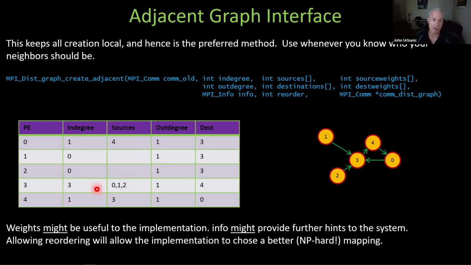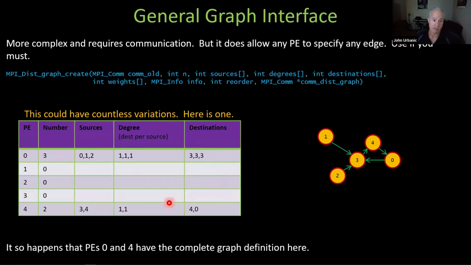Every PE says, I know who my neighbors are that I'm sending and receiving from. The general graph interface is where, as I said, only a subset of the PEs know the general arrangement. In this case here, for example, only PEs 0 and 4 have that knowledge, and they can still set everything up for everybody. So PEs 1, 2, and 3 don't know, they haven't calculated who their neighbors are, and that's fine.